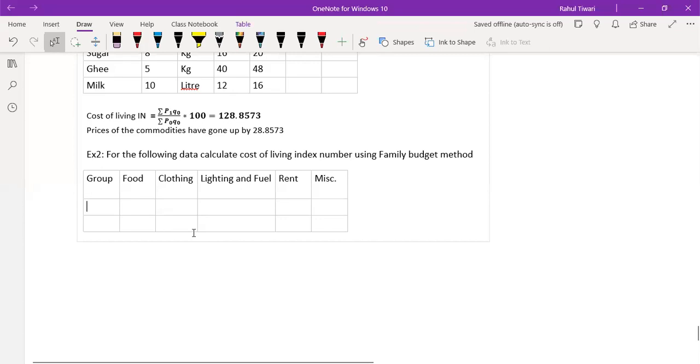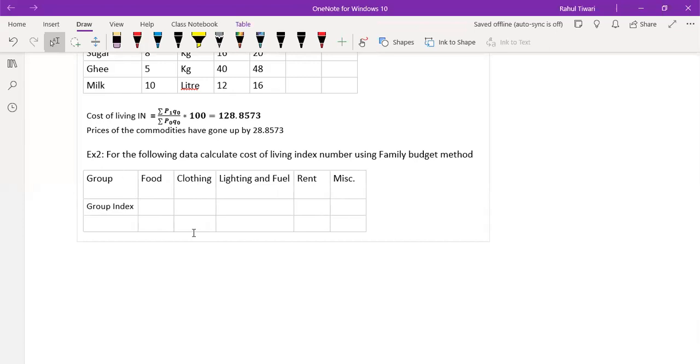We have the group index: 320, 300, 250, 300, 250, 250, 260, and the group weight.